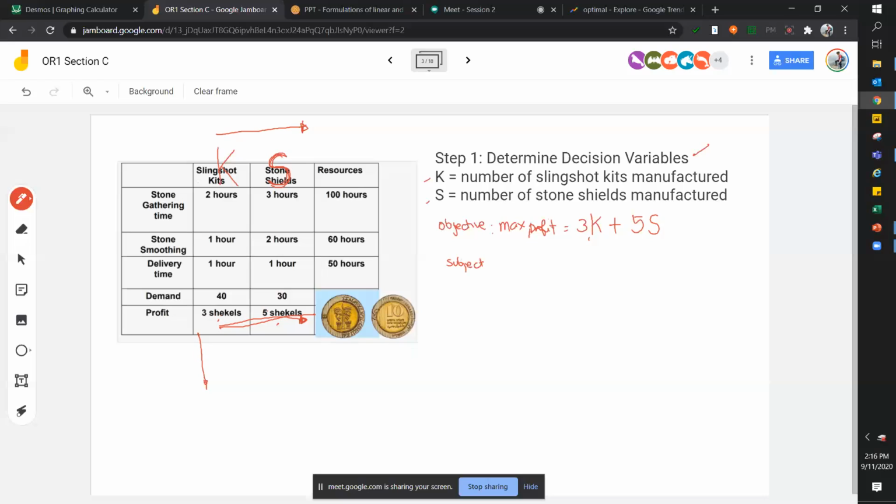So, subject to the following constraints. Okay, ano'ng first constraint natin? Ilagay natin sa side na lang. Stone gathering, anong equation? Nasaan galing yung 5?